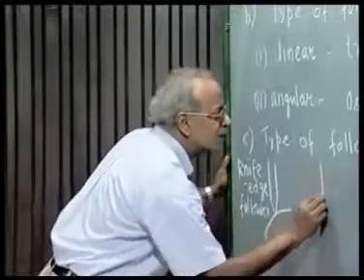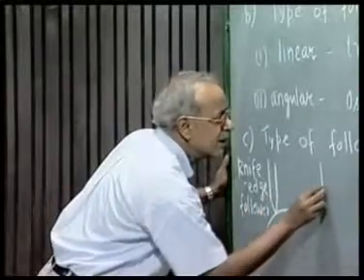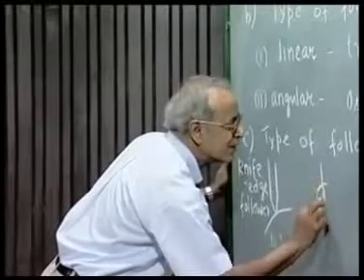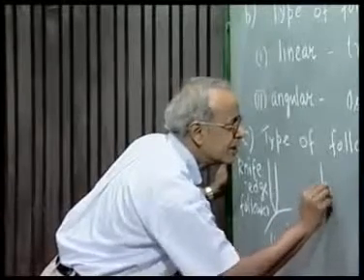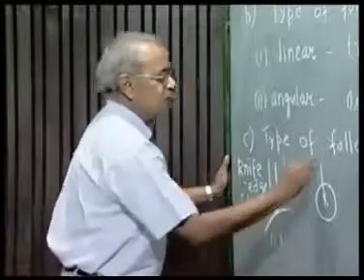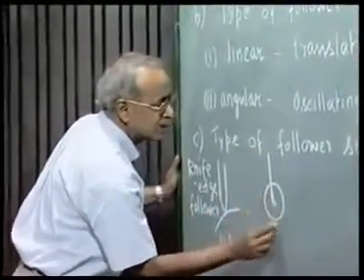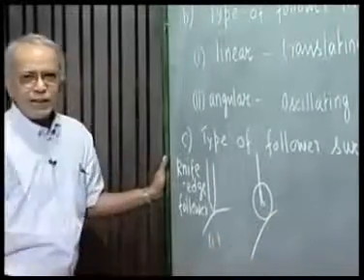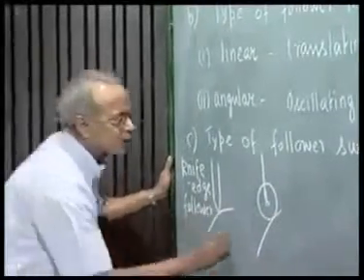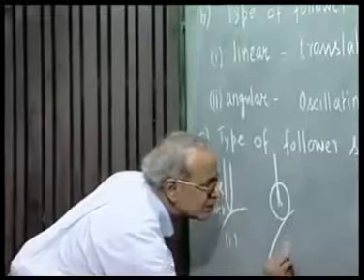The follower surface can be, as we have seen already, the follower is hinged to a roller, and this roller is in contact with the cam, as we have seen so far. This is called roller follower.